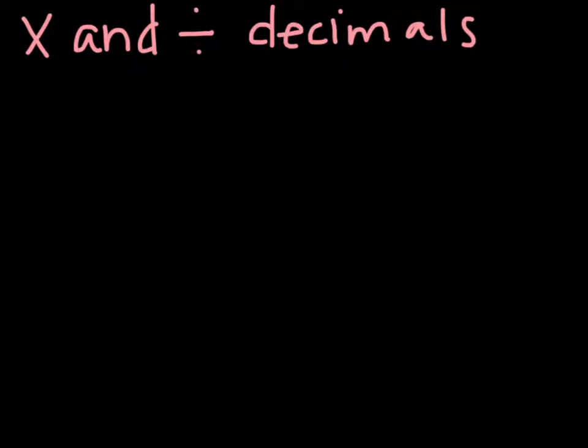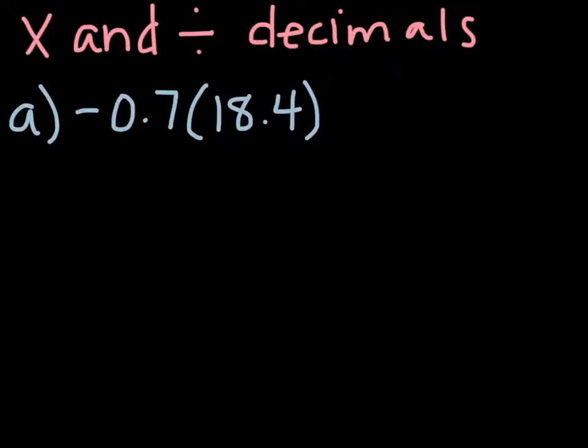In our next 4 problems, we'll multiply and divide decimals. Our first problem asks us to multiply negative 7/10 by 18 and 4/10. Our two numbers have different signs, therefore our product will be negative. And the answer, to be precise, is negative 12 and 88 hundredths.